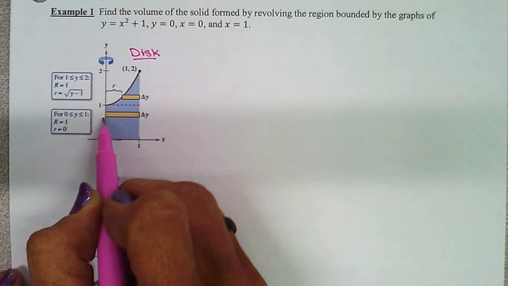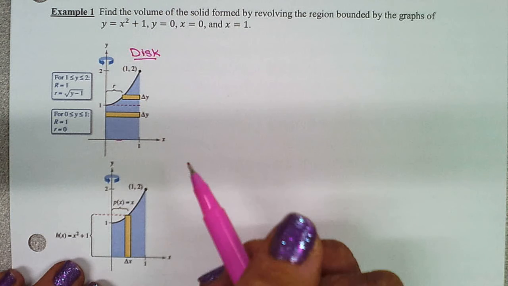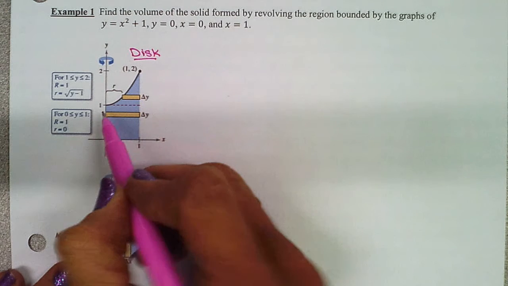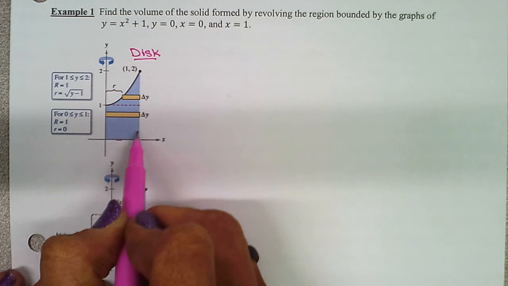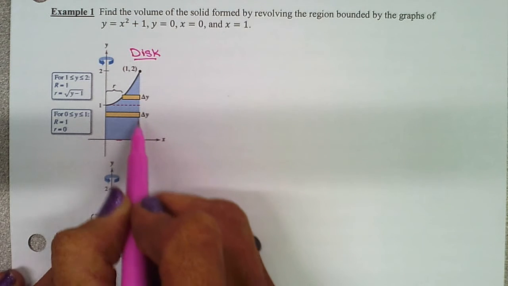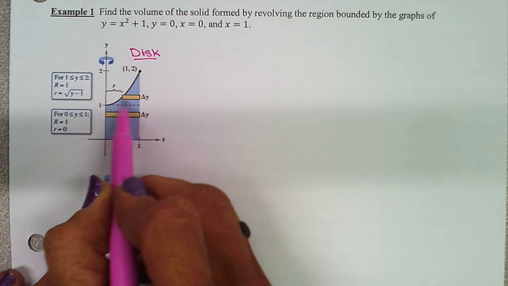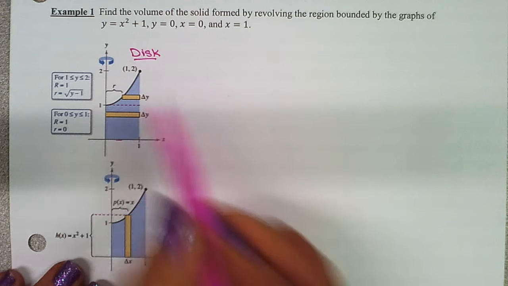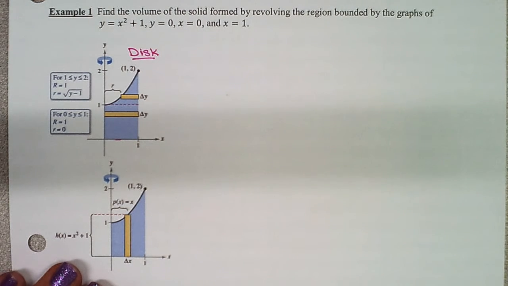First off, notice if we're measuring out this direction from the y-axis, we're actually going to have to divide this into 2 separate pieces, because the radius here is going to be a constant, whereas once we get to y equals 1 and above, we have a variable radius, so it changes as we move up and down. So we're going to need to chunk this into 2 different pieces.